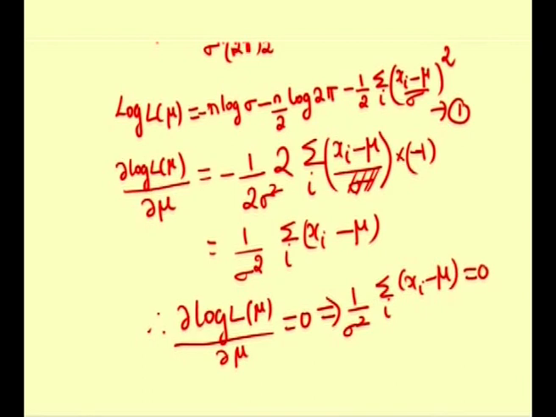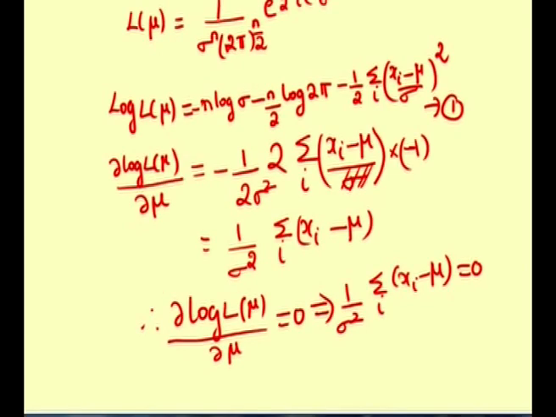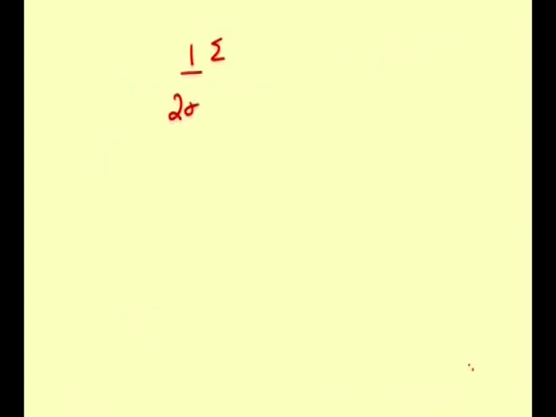When I equate it to 0, the 1 by 2 sigma squared term, that sigma squared term on equating to 0, will get cancelled out, leaving summation over i of (xi minus mu) equal to 0.